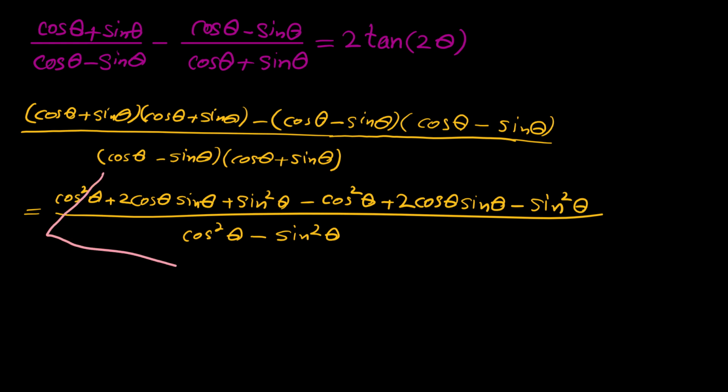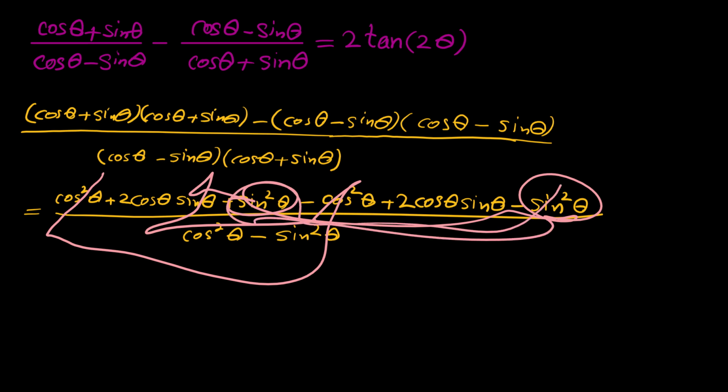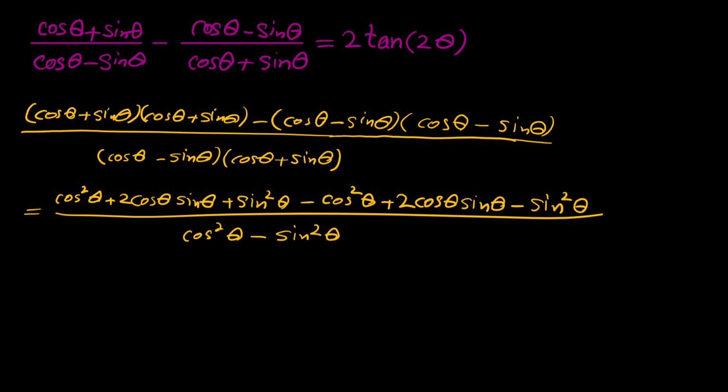Cosine to the 2 with cosine to the 2 cancels. Sine to the 2 with sine to the 2 cancels. Sine to the 2 minus sine to the 2, these cancel each other. The other way that you can simplify the numerator is to say cosine to the 2 plus sine to the 2 is 1. Minus cosine to the 2 minus sine to the 2 is minus 1. They cancel each other. What remains in the numerator? 2 cosine sine, 2 cosine sine.